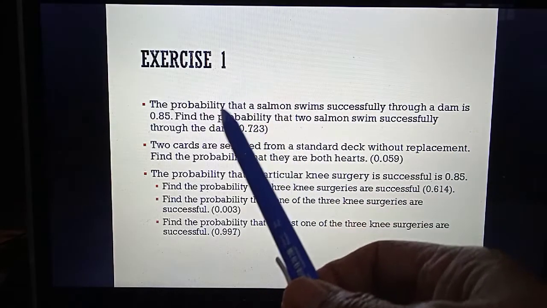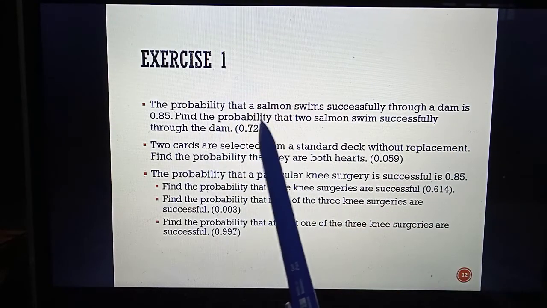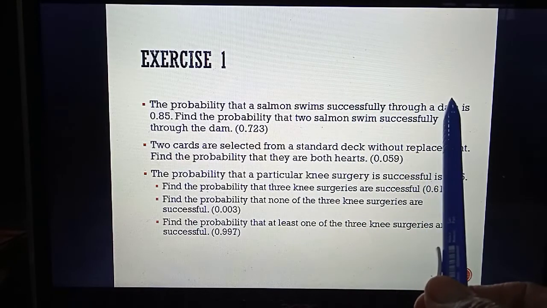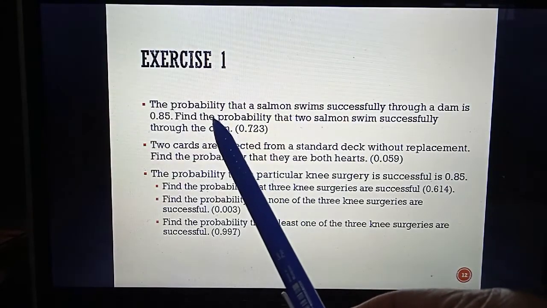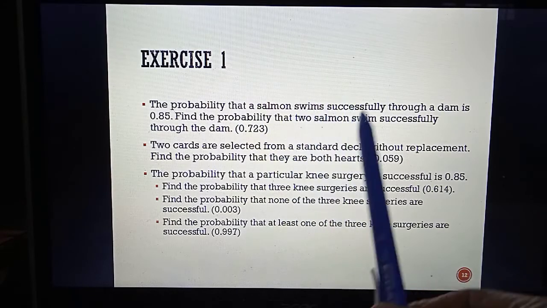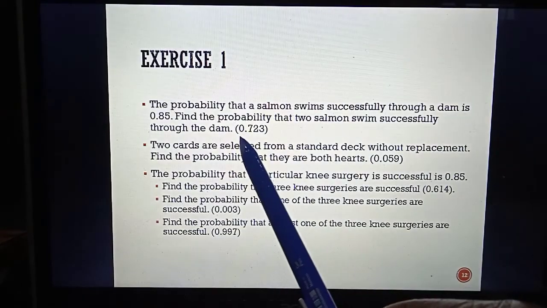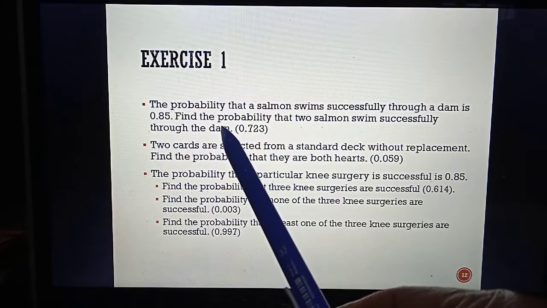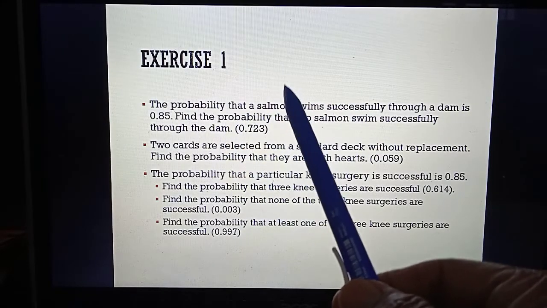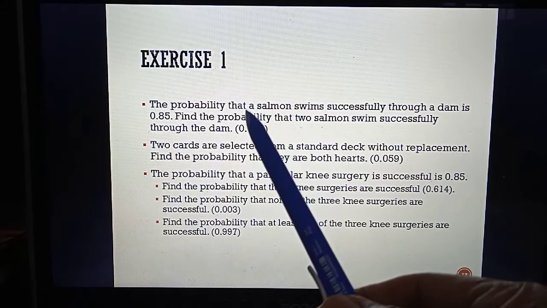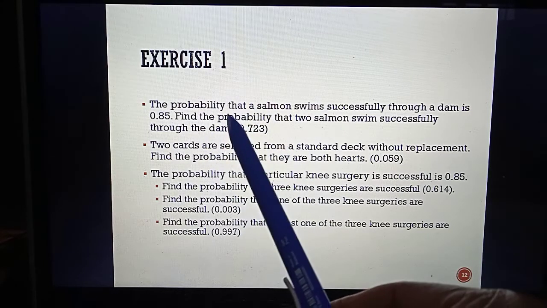Okay, exercise 1. The probability that a salmon swims successfully through a dam is 0.85. Find the probability that 2 salmon swim successfully through the dam. Okay, so first salmon swim successfully 0.85 and second salmon swim successfully also 0.85.